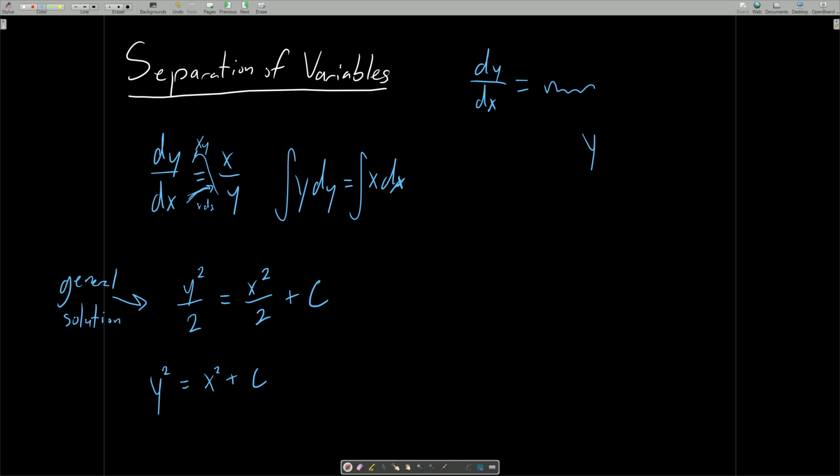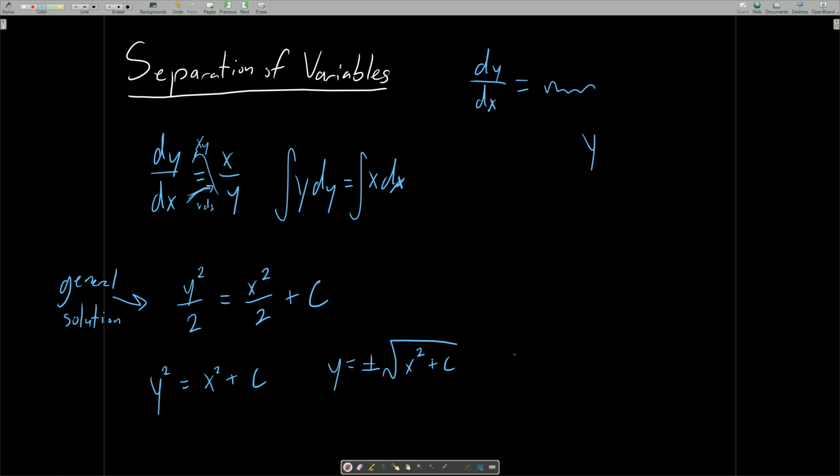Multiply everything by 2 and square root, and this would give us our y, which is plus or minus the square root of x squared plus c. So that's our general solution.